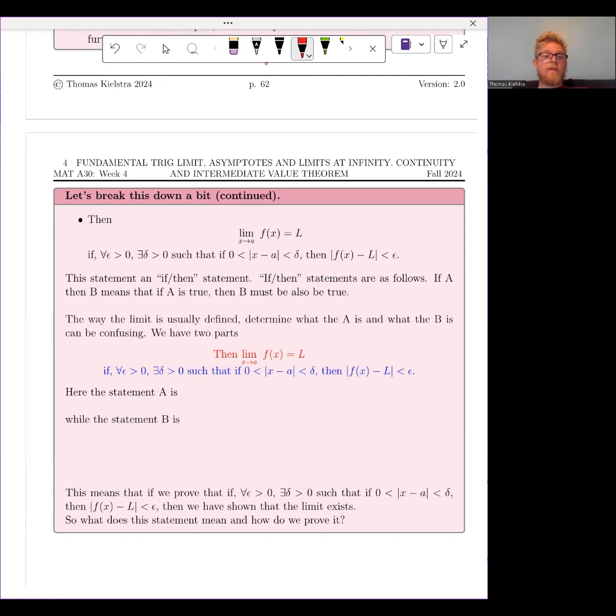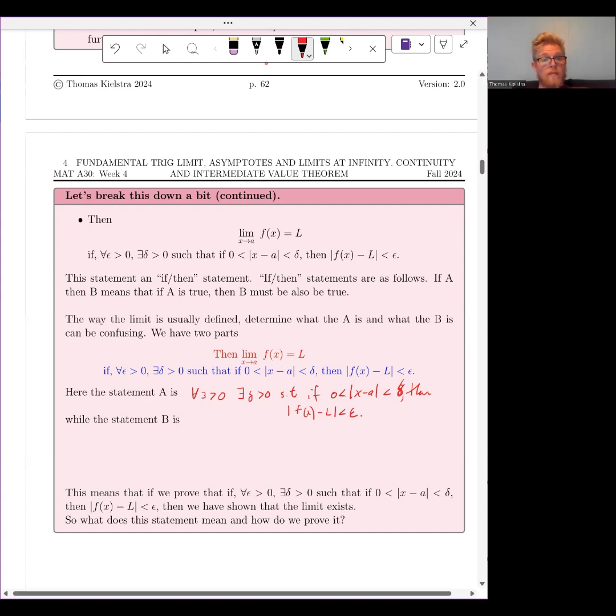But really, our A statement, our if statement, is this blue statement here: for all epsilon greater than 0, there exists a delta greater than 0, such that if 0 is less than the absolute value of x minus a, which is less than delta, then the absolute value of f of x minus L is less than epsilon.